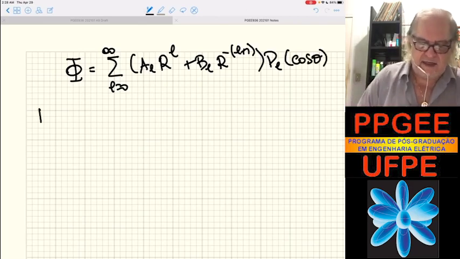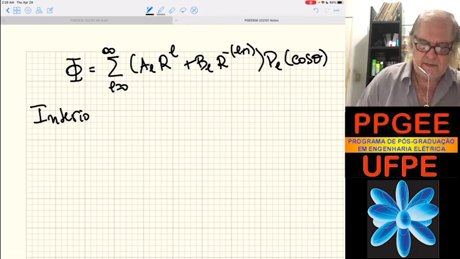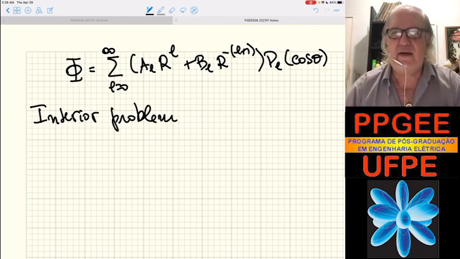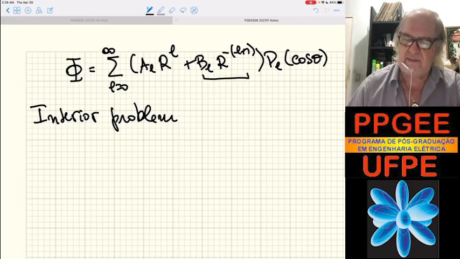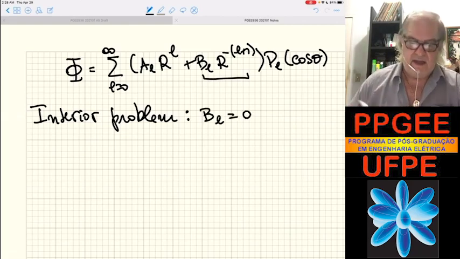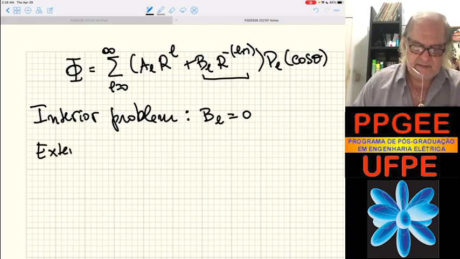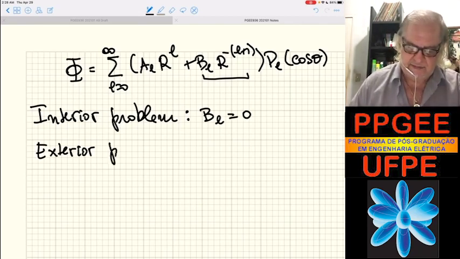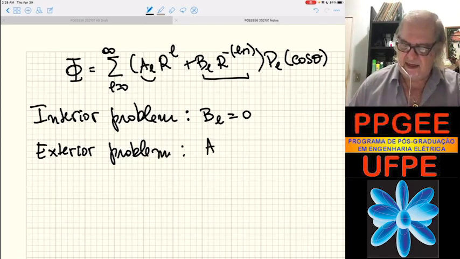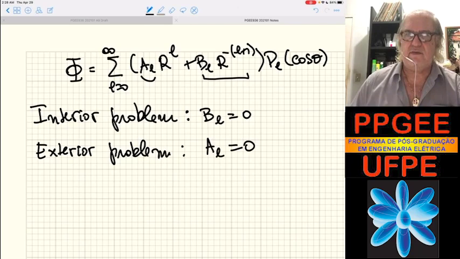So you see that for the interior problem, there is no singularity at the origin, so there can be no term that blows up at r equals 0. So for the interior problem, we have BL equals 0. And for the exterior problem, assuming that the potential vanishes for r very large, then I have to set AL equals 0, right?